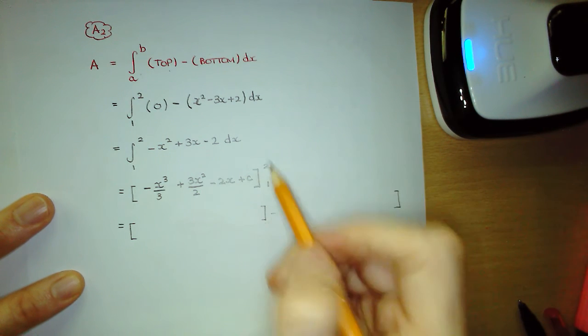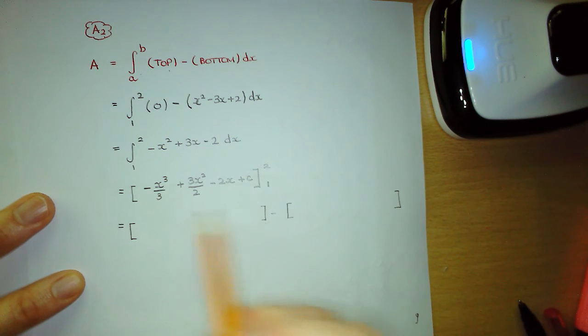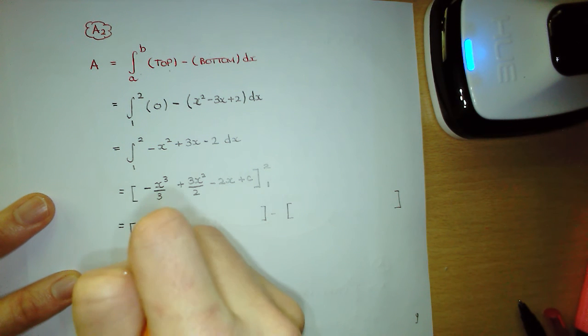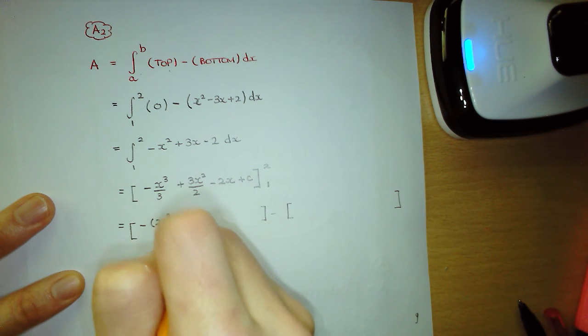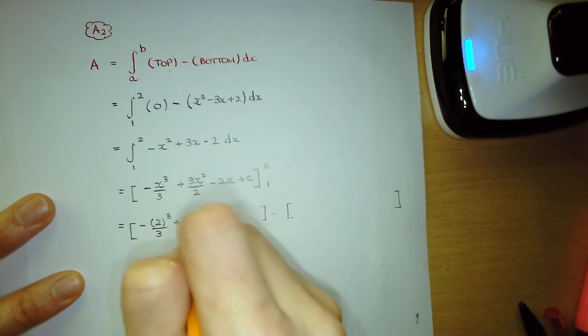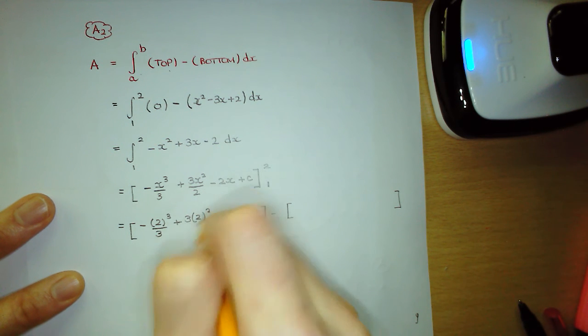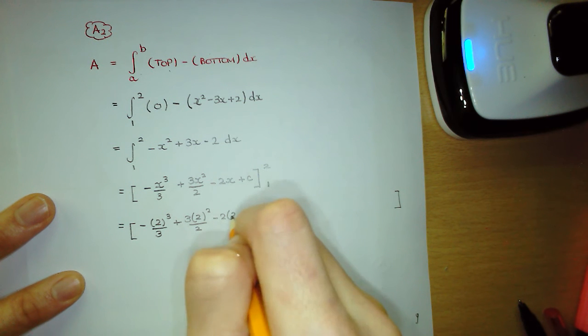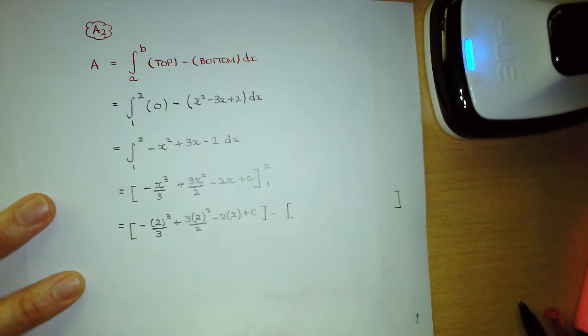We're now going to sub the top limit into the integrated expression in the first square bracket. So we've got minus and then replace x with 2. So 2 all cubed over 3 plus 3 times 2 squared over 2. Minus 2 times 2 plus c.